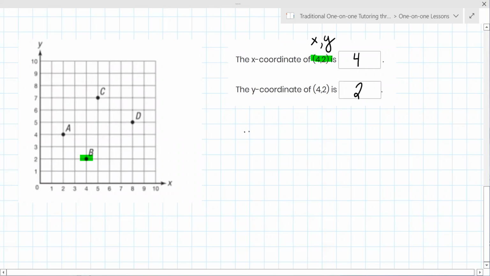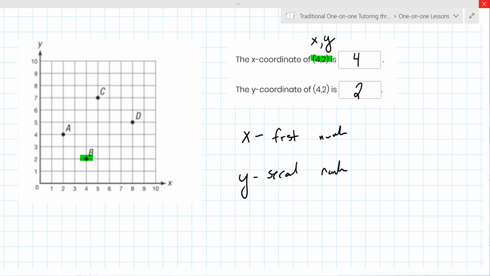Okay, so you can think of this as X is the first number, Y is the second number. Okay. X is. Is that okay so far?